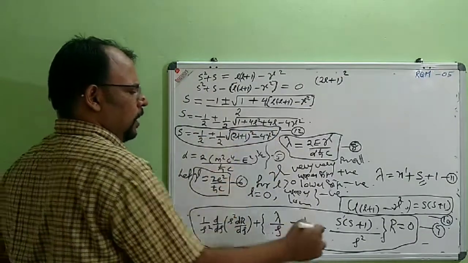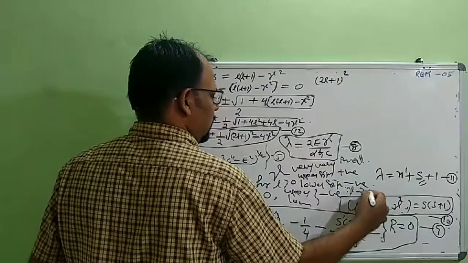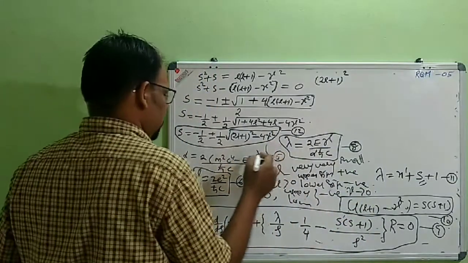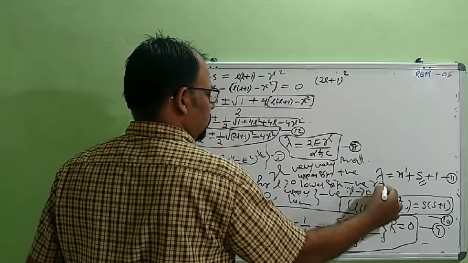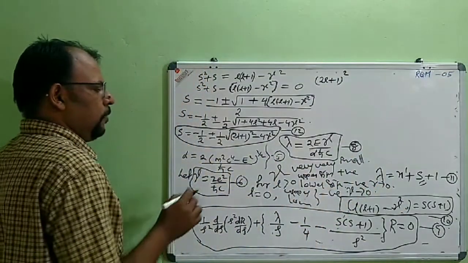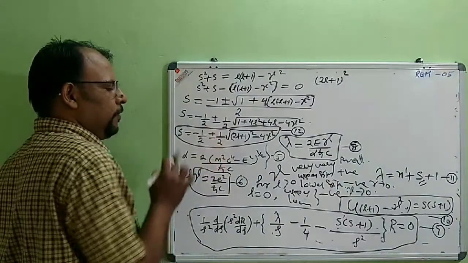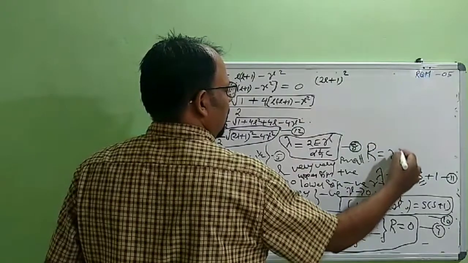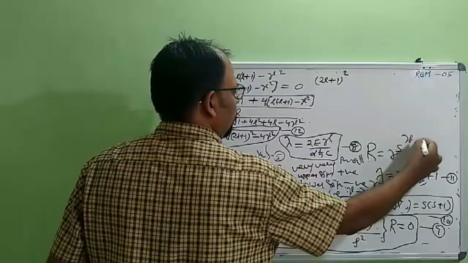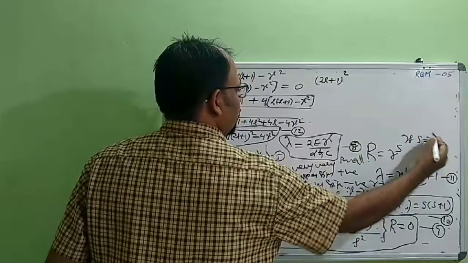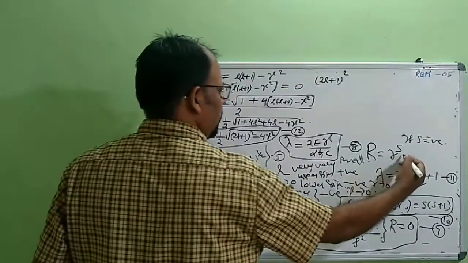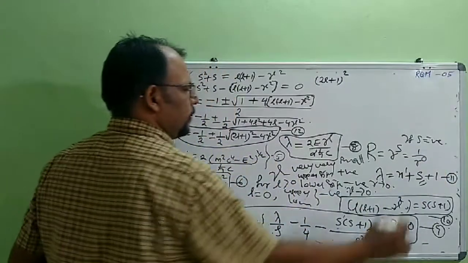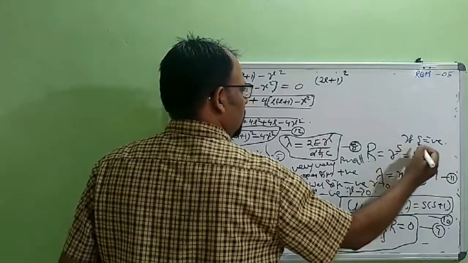Now, gamma is very small, and we are assuming that gamma tends to 0. We are also assuming that the radius r tends to 0. When r is very, very small and s is negative, the solution R is r raised to s. If s is negative, then this will be 1 by r raised to a positive quantity.